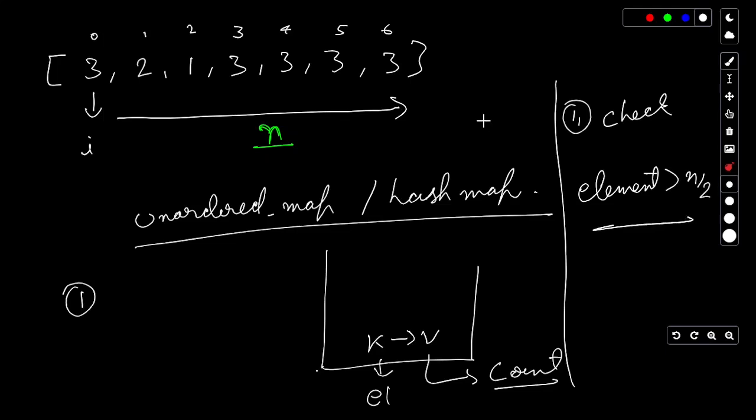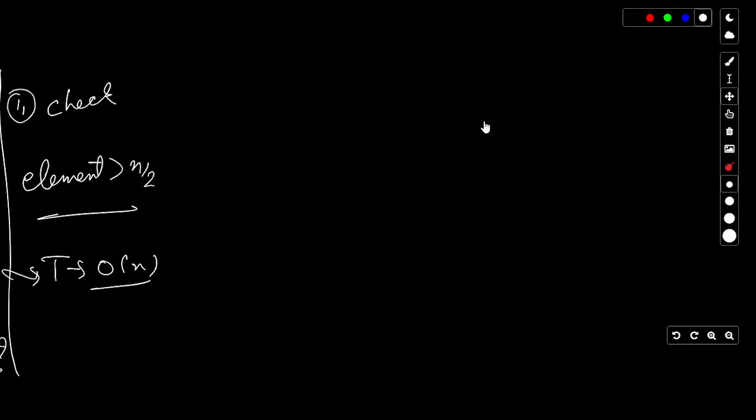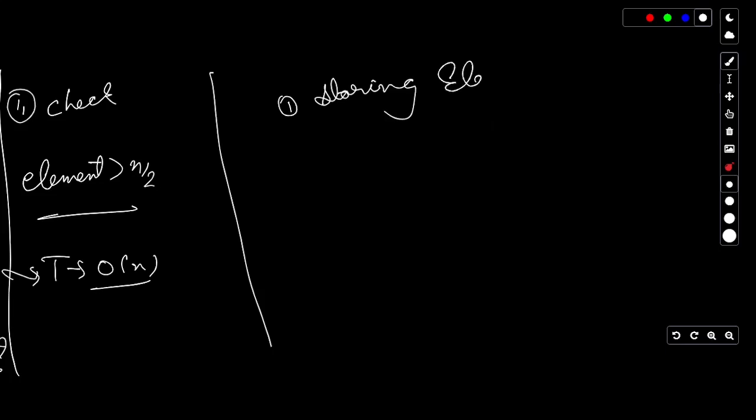We just have to check this condition, and this solution will have a time complexity of big O of n, since we only have two iterations. The first iteration is when we are storing elements, and the second time we iterate throughout the unordered map.